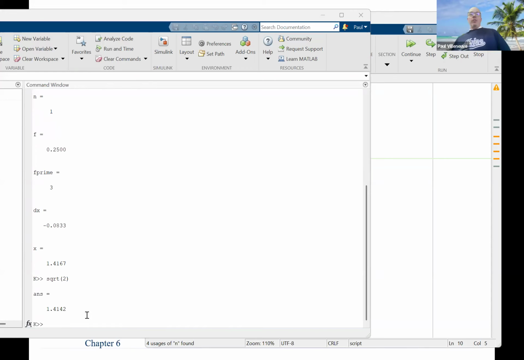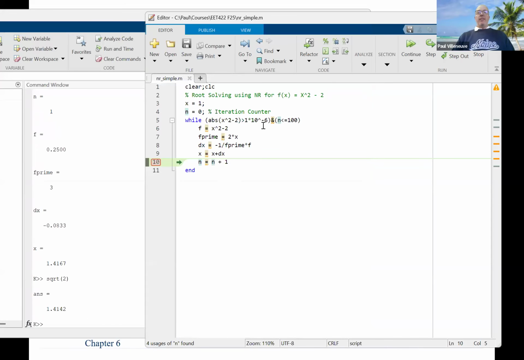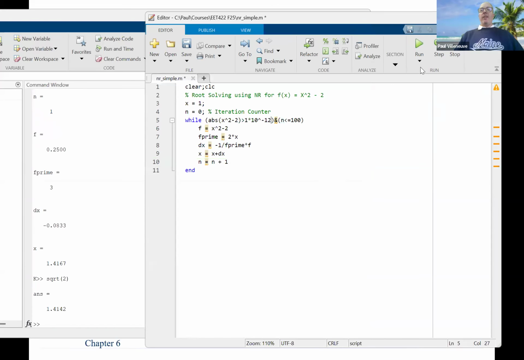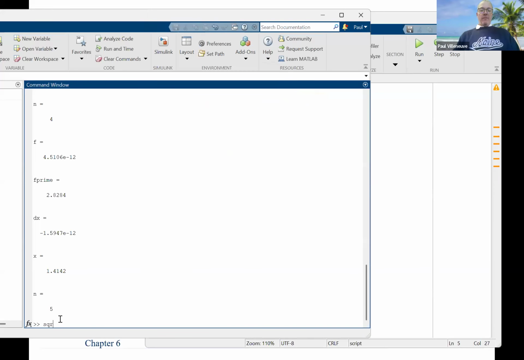How do you get closer and closer to 0? Instead of saying 1 times 10 to the -6, let's go 10 to the -12. It's going to take longer for us to get there because we're doing more iterations, but let's see what we get. So one more iteration, look what we got, 1.412.